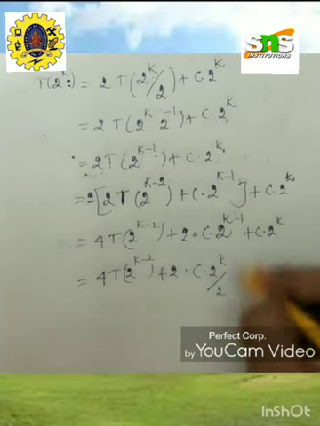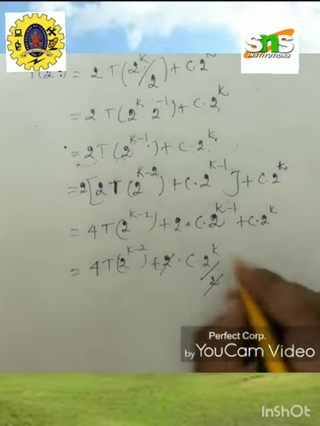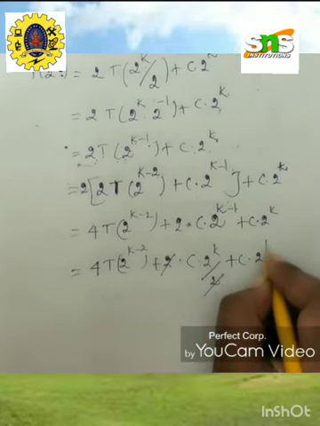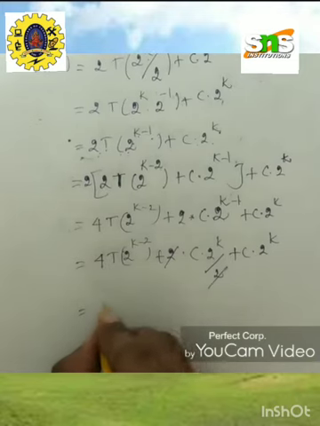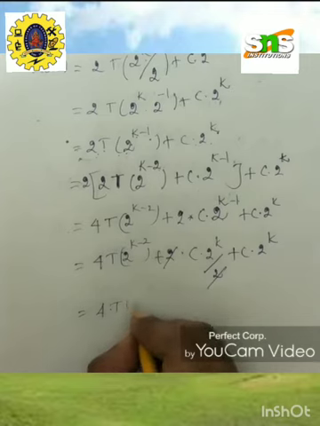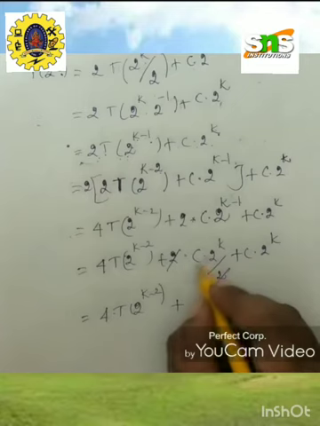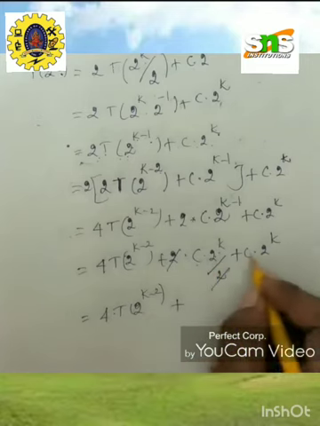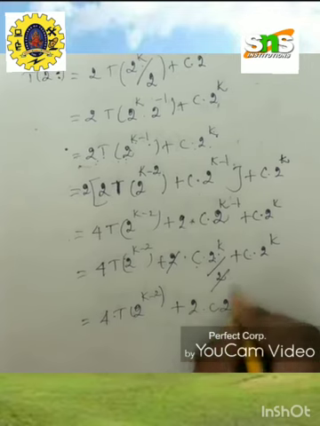So 2 power k minus 1, I am writing it like this to cancel these values, giving c dot 2 power k. Again I am going to simplify: 4 T of 2 power k minus 2, plus 2 power 2 c dot 2 power k, plus c dot 2 power k, that is 2 c 2 power k.